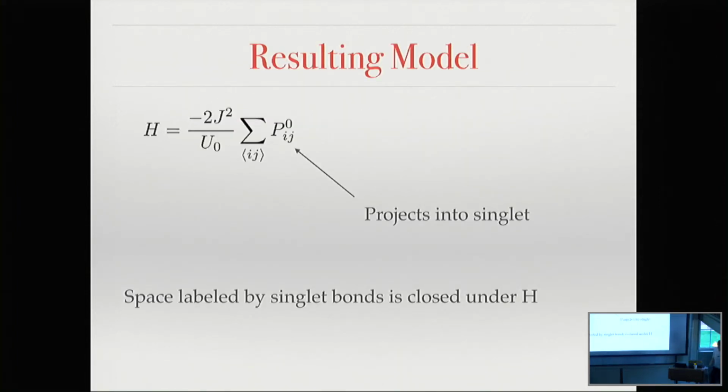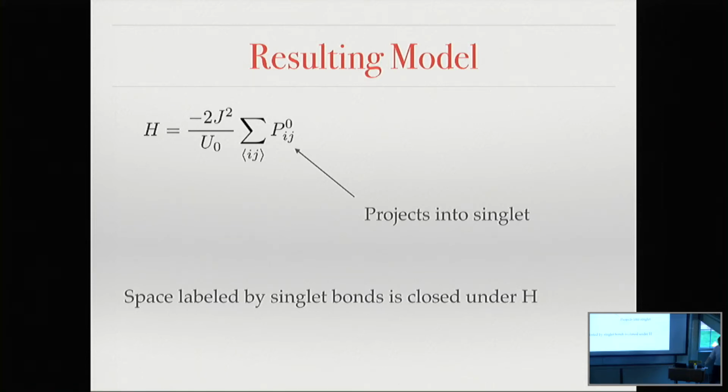Anyway, if you allow me to do this and get to where we only have this attractive interaction in the spin singlet channel, then this Hamiltonian, the space of singlet bonds labeled by these singlet dimers, is going to be closed under this Hamiltonian.